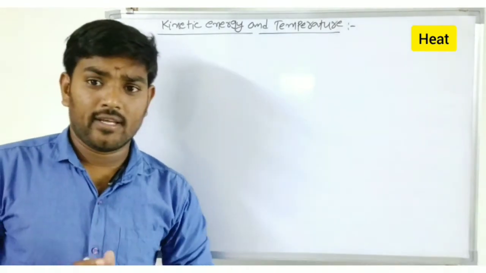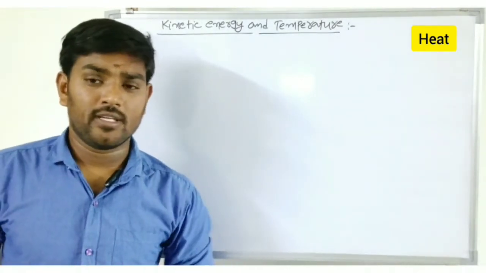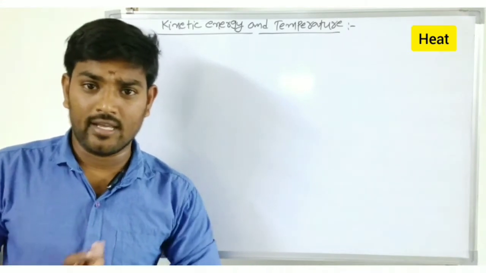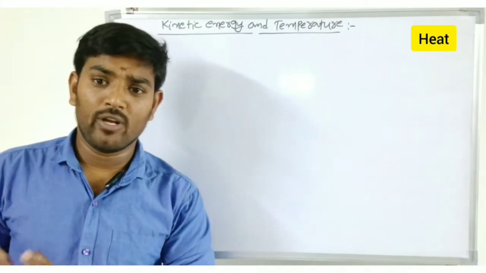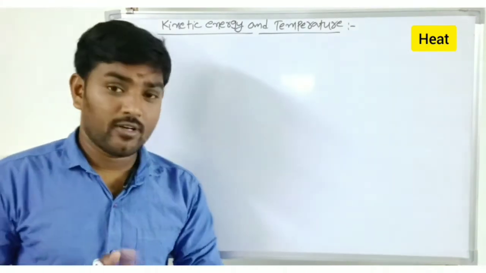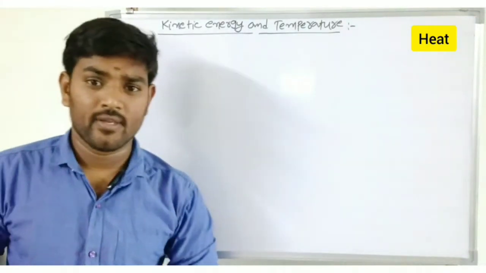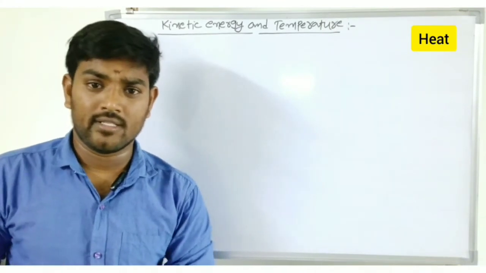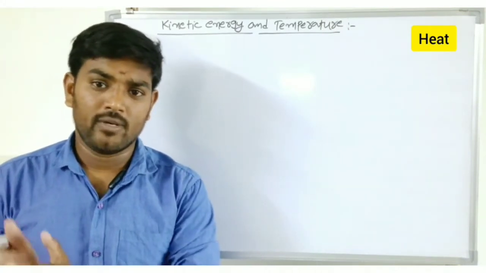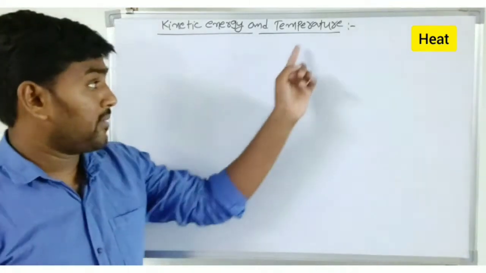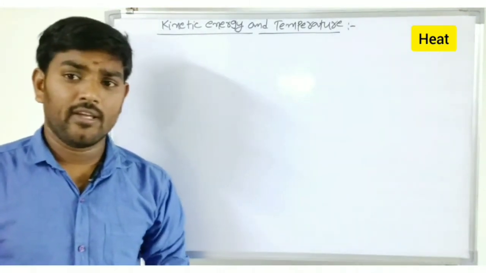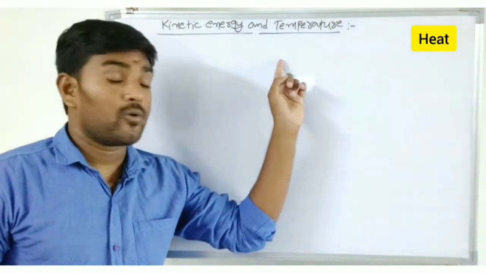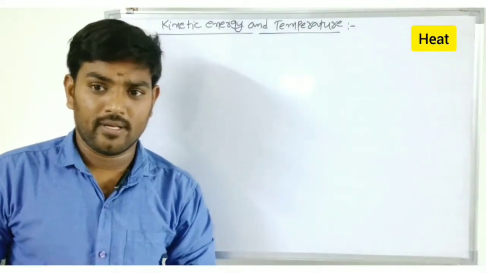So what is kinetic energy? The simple definition of kinetic energy: any body which is in motion will show kinetic energy. That means the movement of a body. And next, temperature. The degree of hotness or coldness of a body is called temperature.